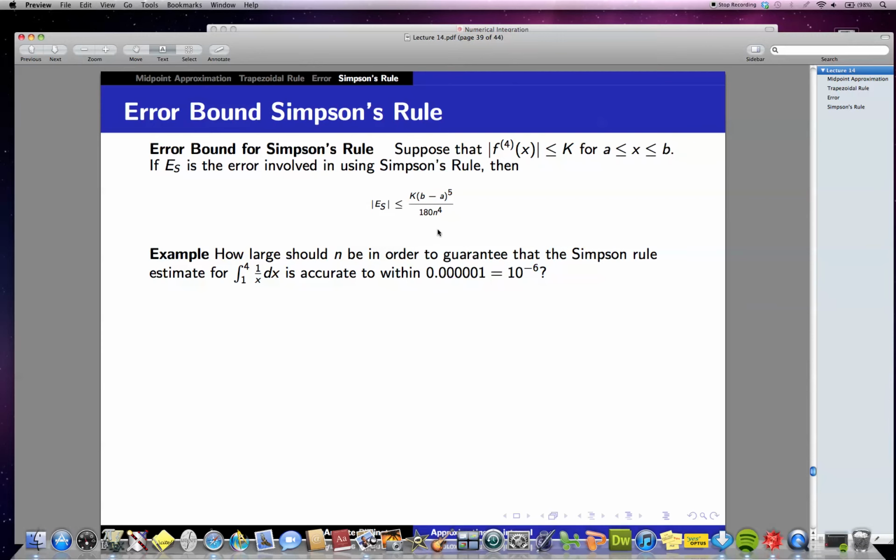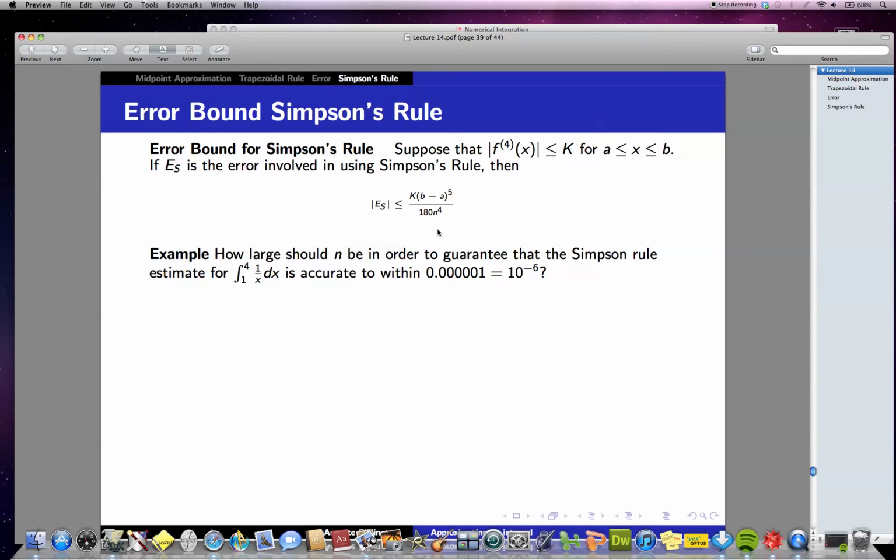This time we know if the fourth derivative of the function has absolute value less than or equal to K on the interval, the error from the approximation we get using Simpson's rule with n approximating subintervals is less than or equal to K times the length of the interval to the power of 5 over 180 times n to the 4.